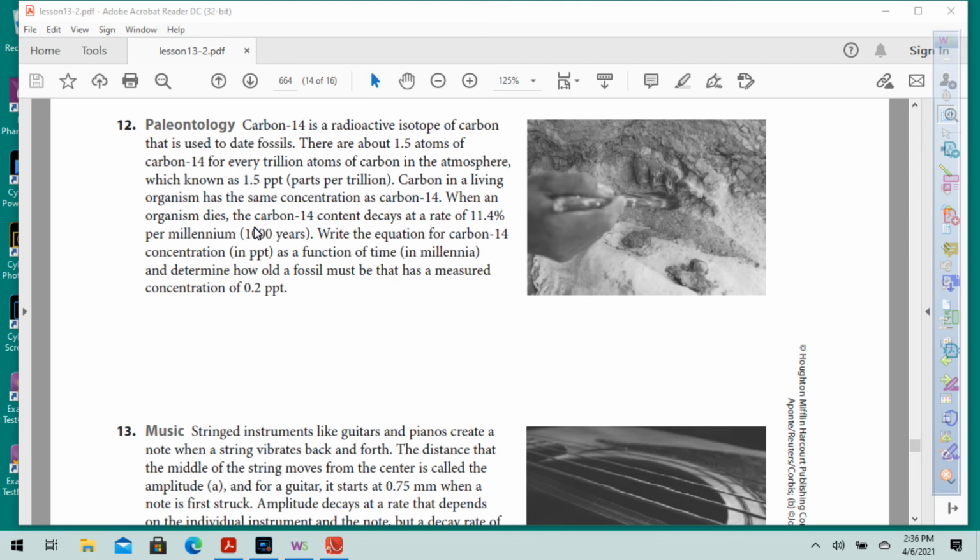When an organism dies, the carbon-14 content decays at a rate of 11.4% per millennium, or every 1,000 years. Write the equation for carbon-14 concentration in parts per trillion as a function of time in millennium, and determine how old a fossil must be that has a measured concentration of 0.2 parts per trillion.